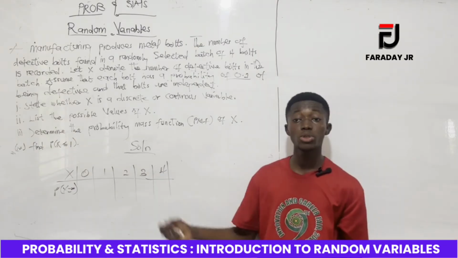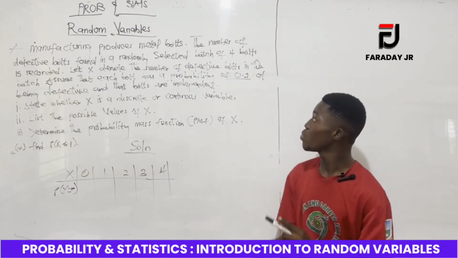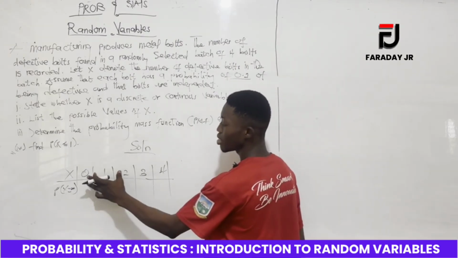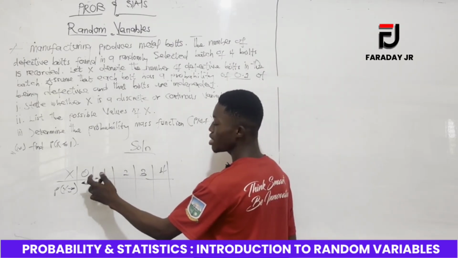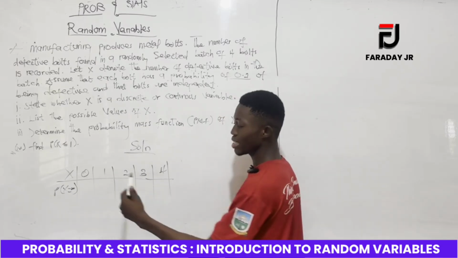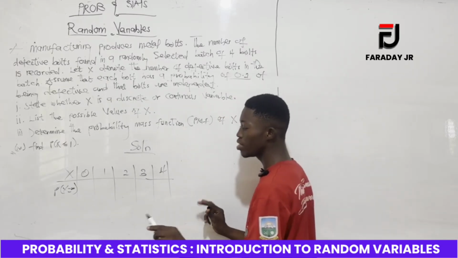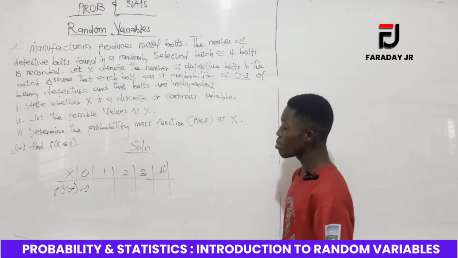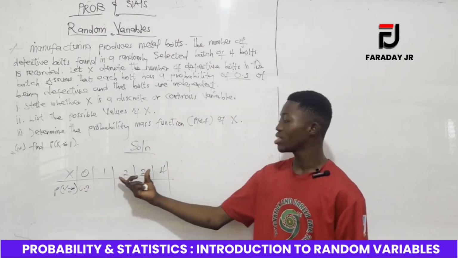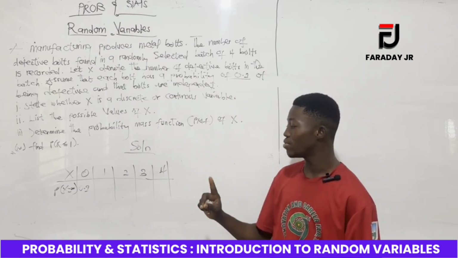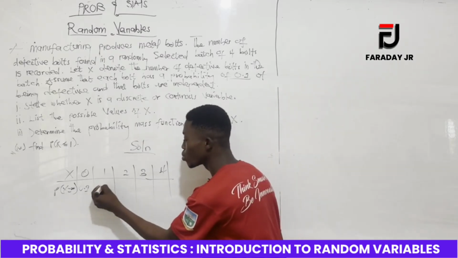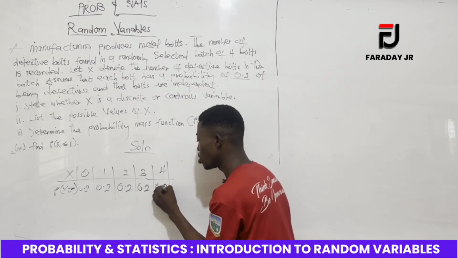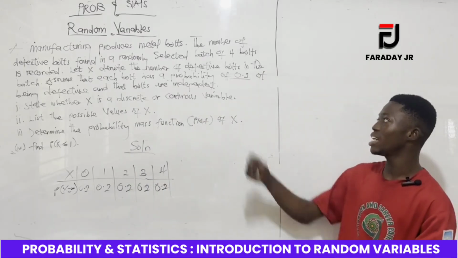We know that our sample space is 4, and we've been given probabilities. So the probability that a randomly selected set of 4 bolts has no defective bolt is 0.2, and the probability that it has only 1 defective is 0.2, 0.2, 0.2, and 0.2, as stated in the question.